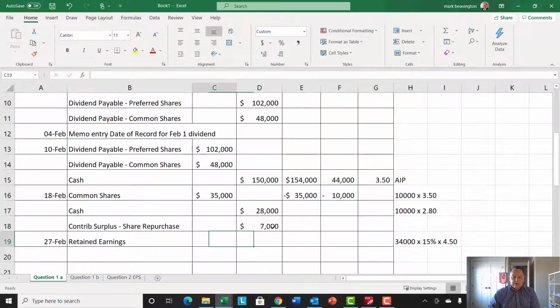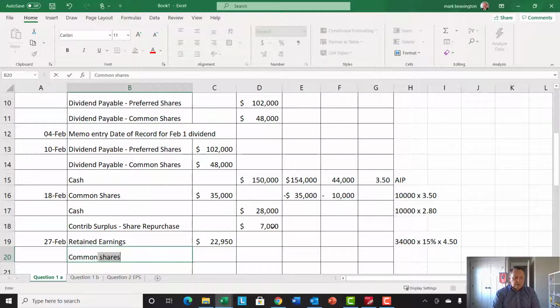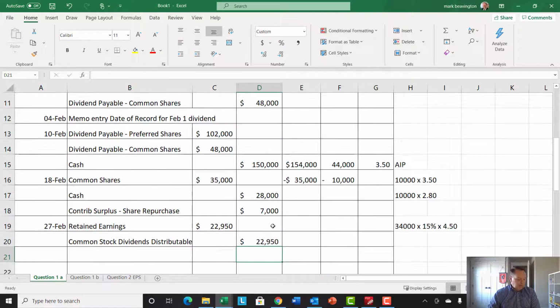If we do the math, 34,000 times 0.15 times 4.5 is 22,950. And this is this funny account, common stock dividends distributable. There you go, it's 22,950.